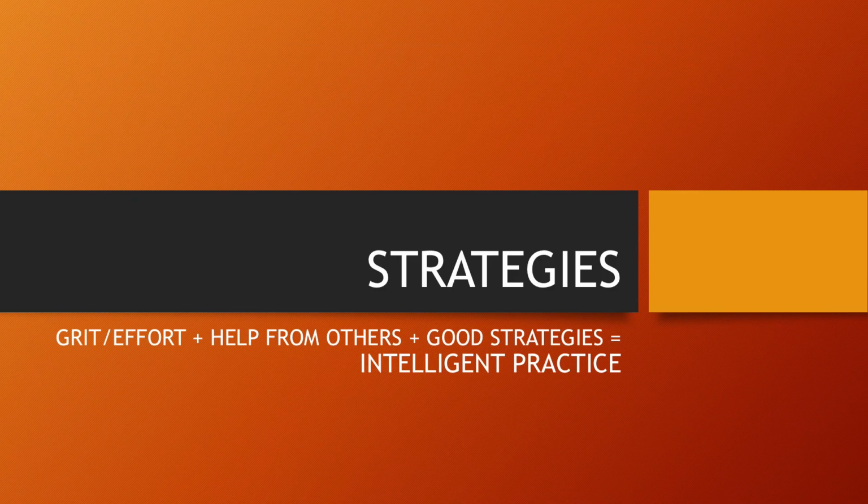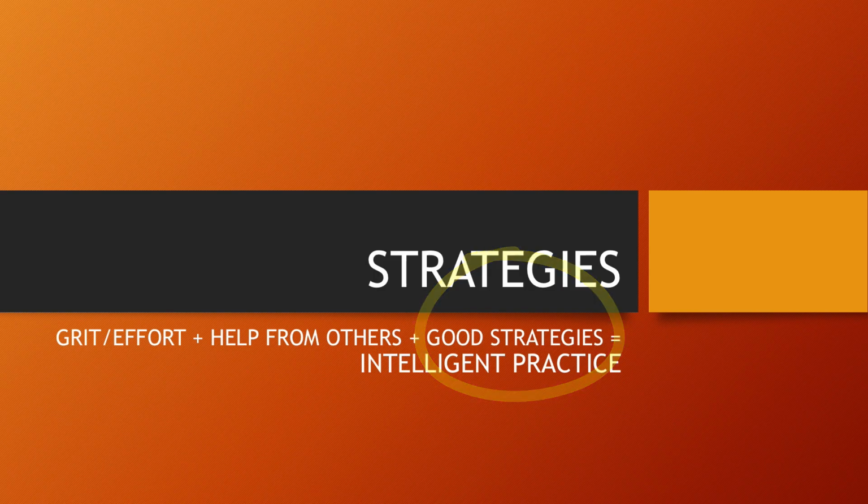As part of our intelligent practice formula, we already know that grit and effort is needed, plus help from others. That's our resources, like our campus resources, and we use those as we need them. Plus, the final part of the formula is good strategies.